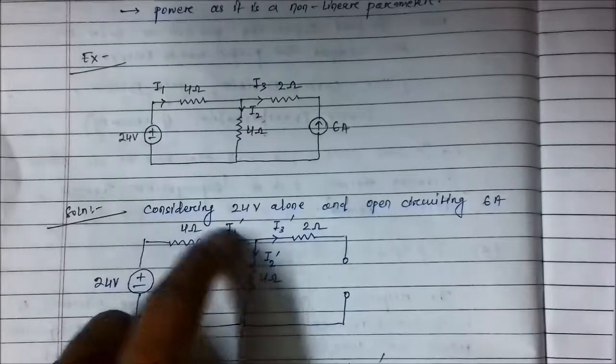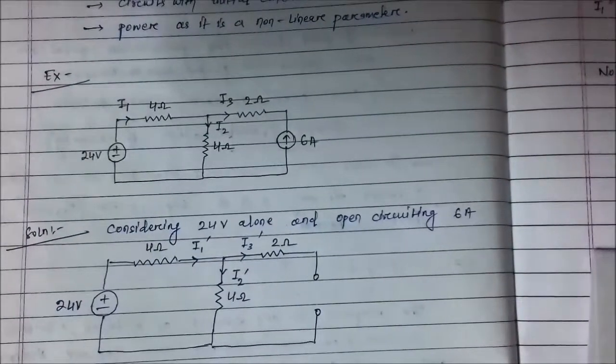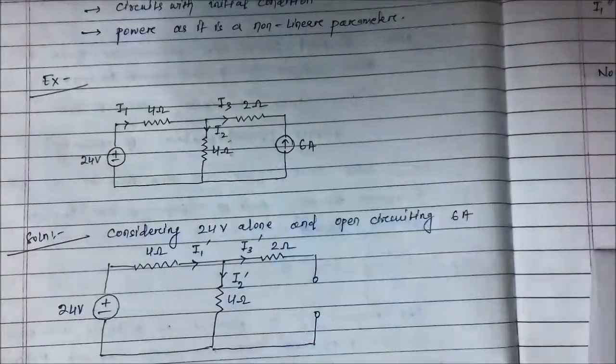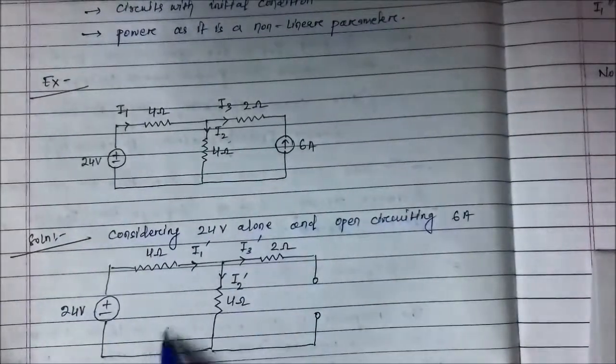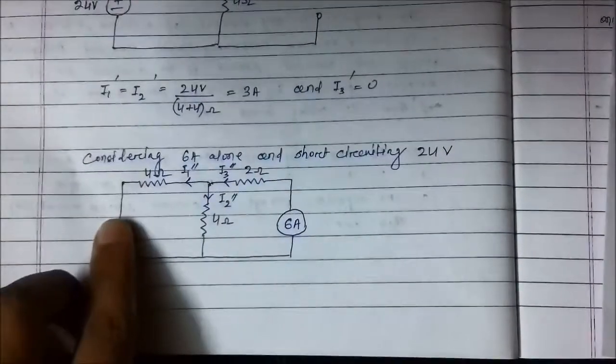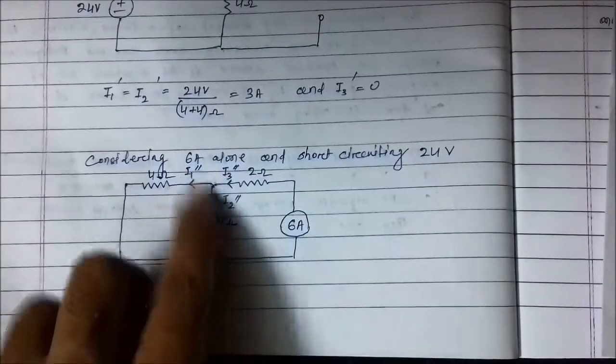Now when I consider only the 6 ampere current source and deactivate the voltage source by short circuiting it, the response is I1 double dash.